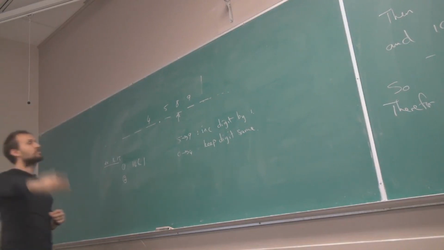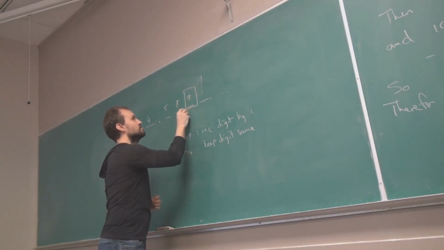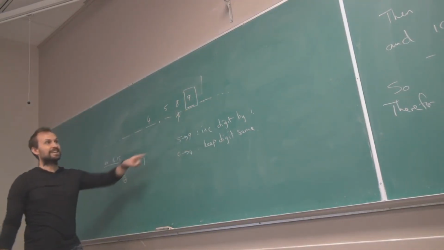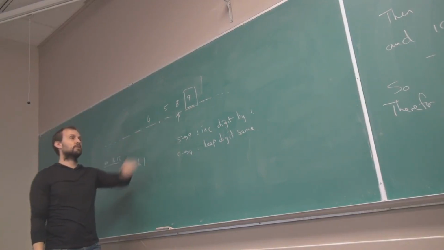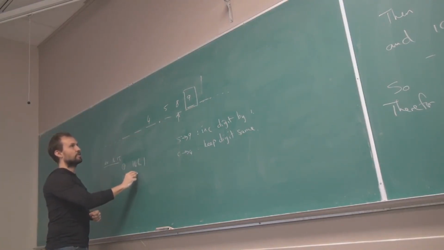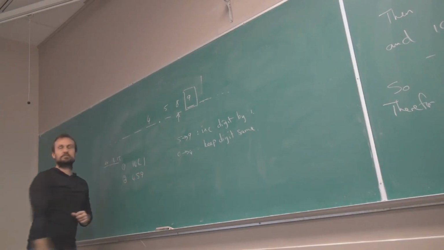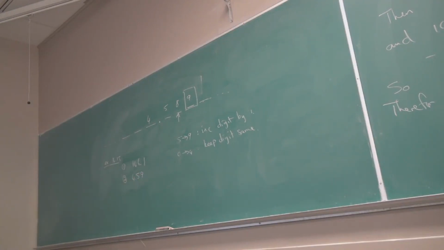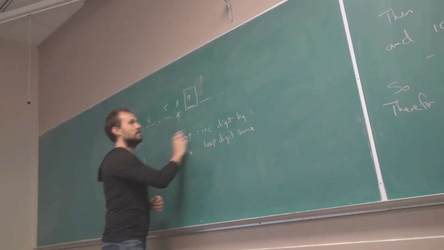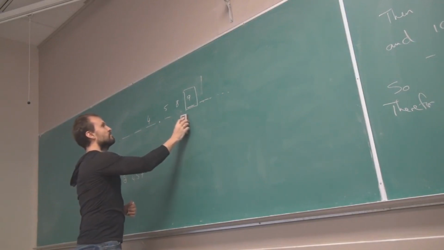I look 1 to the right, which is this one. It has a 9, so I increase this by 1. So it's 4.59. Many are happy and comfortable with rounding, but not everyone. So I just want to briefly mention it.